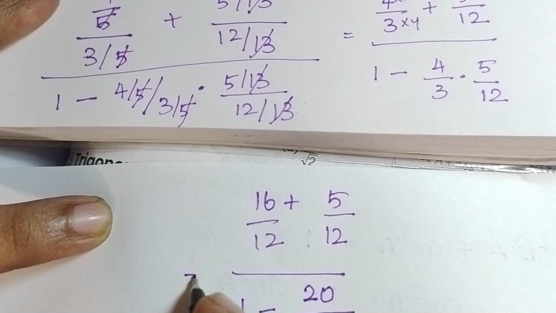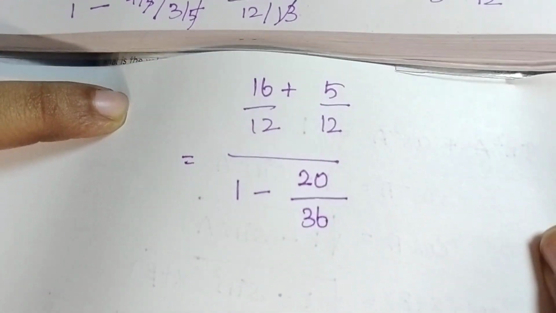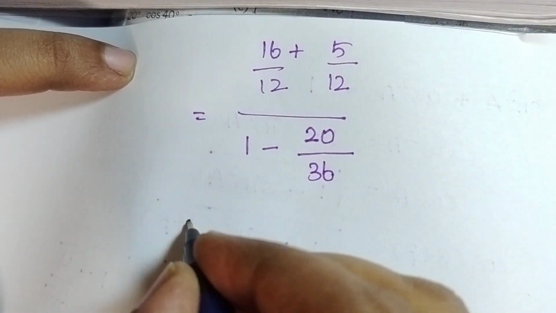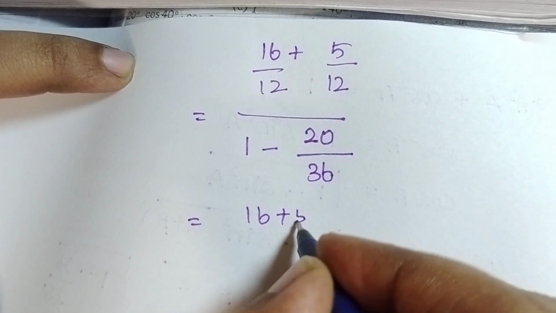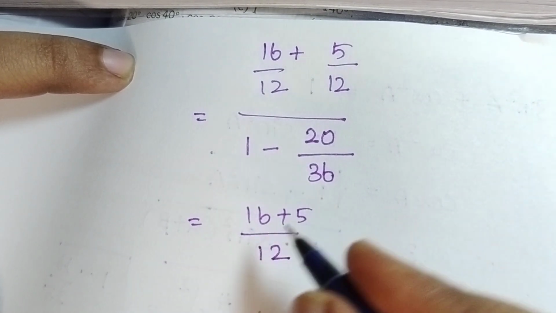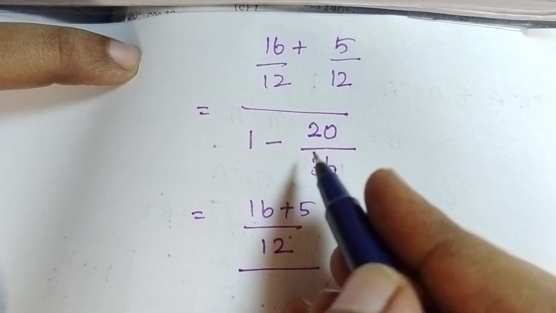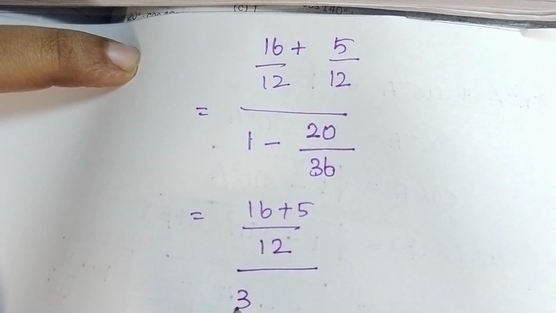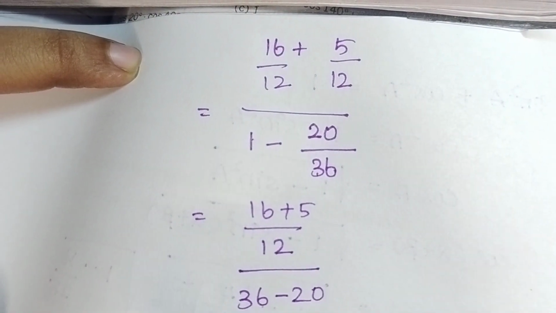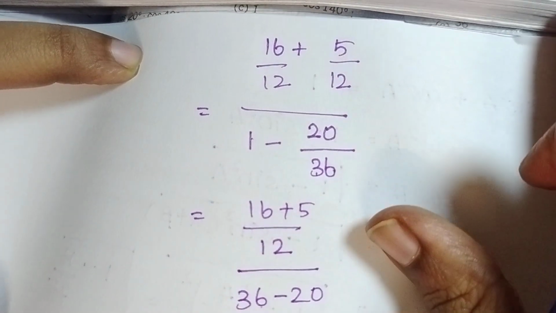Now I am going to simplify this term, which is equal to 16 plus 5 by 12, divided by, taking the LCM, 36 minus 20 divided by 36.